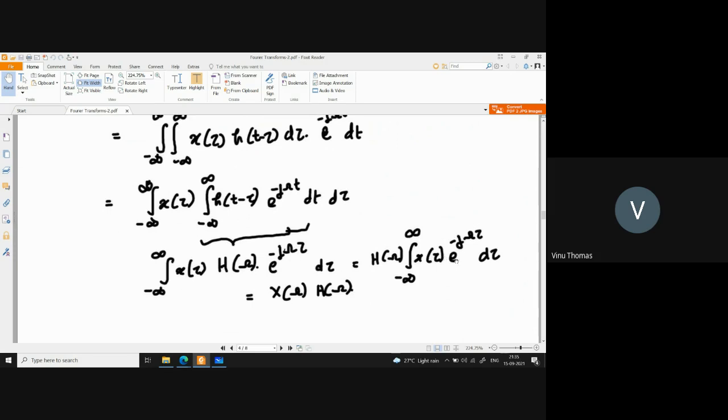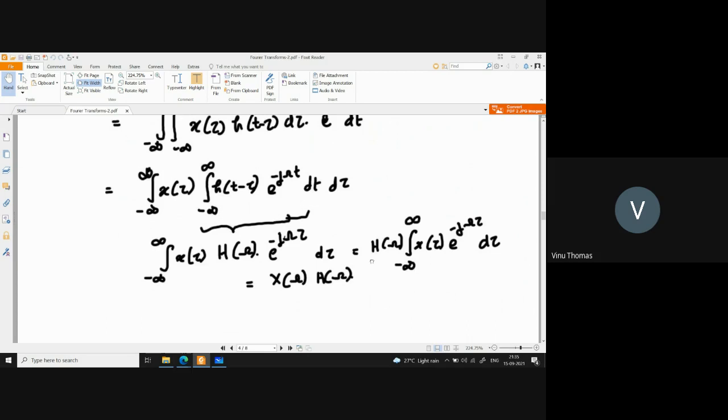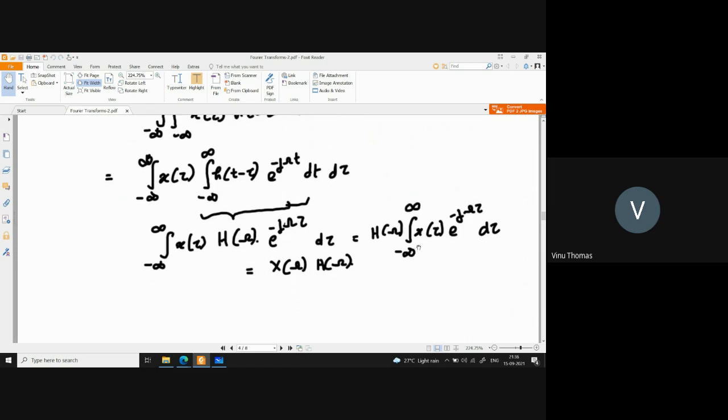I'll take H of omega outside the integral and write this as H of omega into the integral from minus infinity to plus infinity of x of tau e raised to minus j omega tau d tau. Now this is a definite integral. I can put any dummy variable that I want, t or tau or lambda, because it evaluates to a finite value. We will call this X of omega because this is the Fourier transform of x of t. So this is therefore equal to X of omega into H of omega.